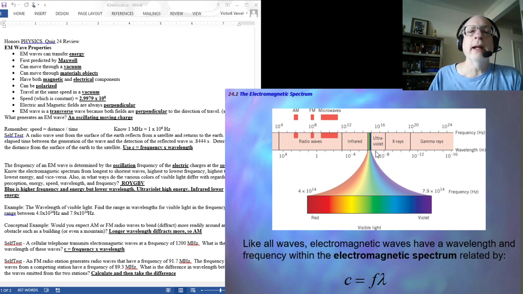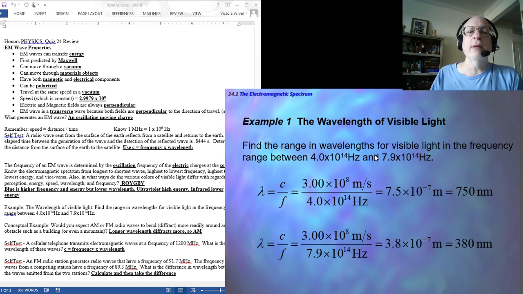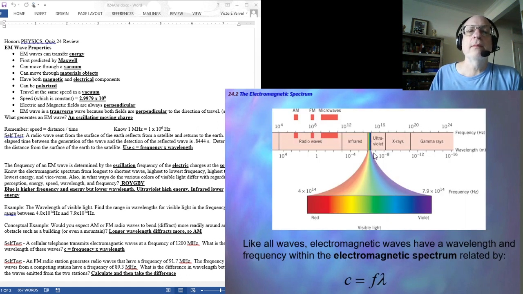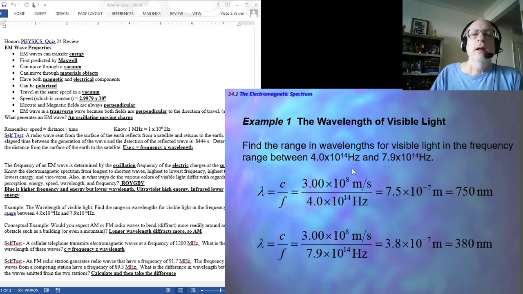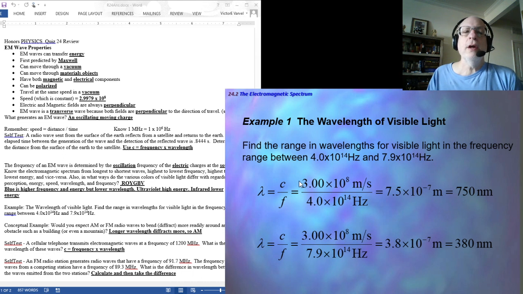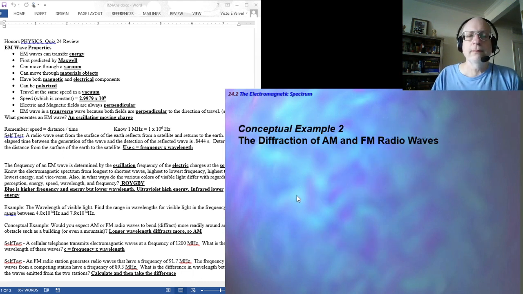I'm kind of right in the ultraviolet range. But 3 times 10 to the negative 7th would be in this color range at the top of the violet. So we're basically going from violet to ultraviolet there. Point is, I think you guys can all do speed equals frequency times lambda equations.